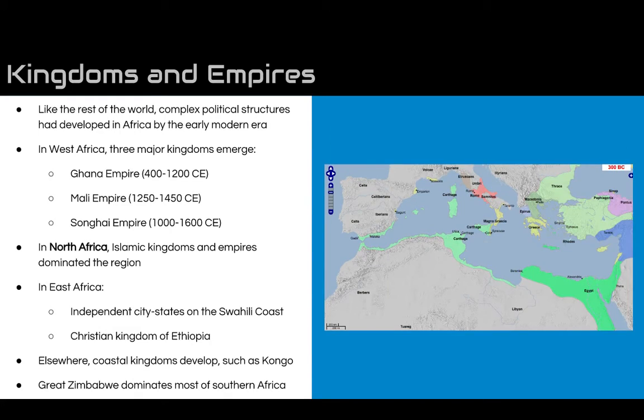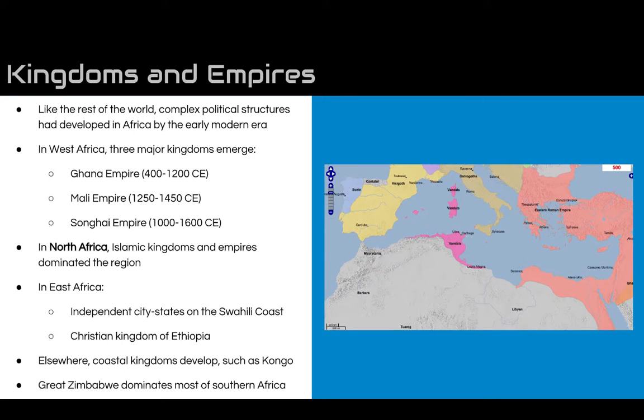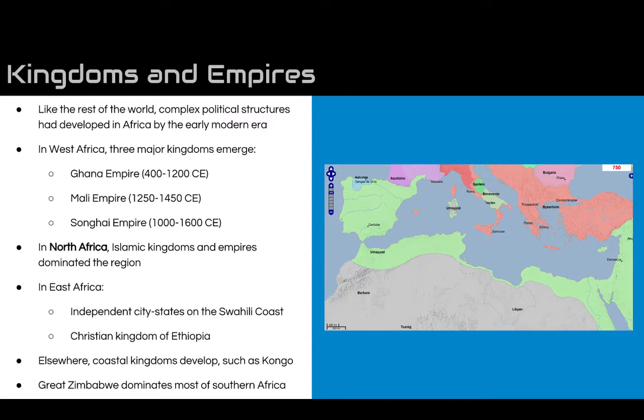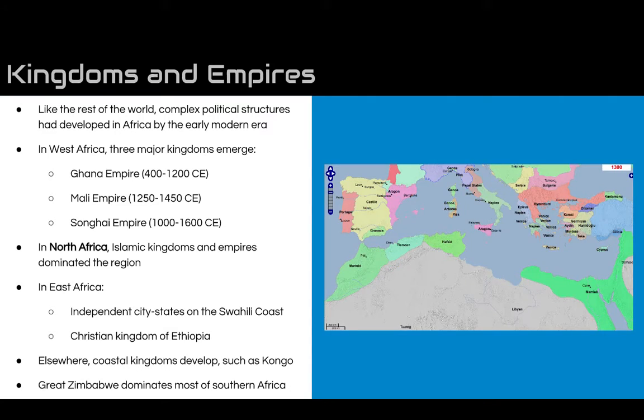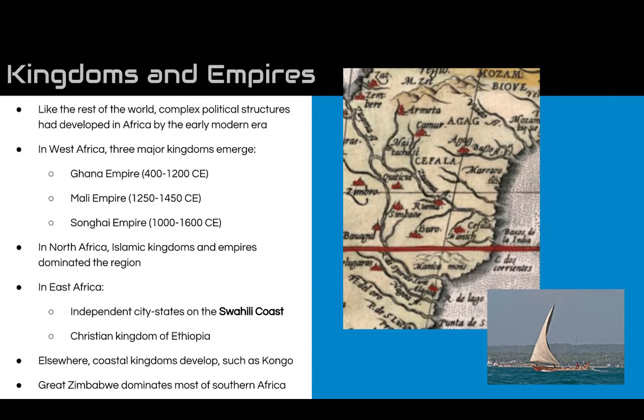In North Africa, of course, as I showed you that map earlier, Islamic kingdoms and empires would dominate that region. In East Africa, we see the development of independent city-states, for the most part independent city-states, that are very much engaged in trade in the Indian Ocean.